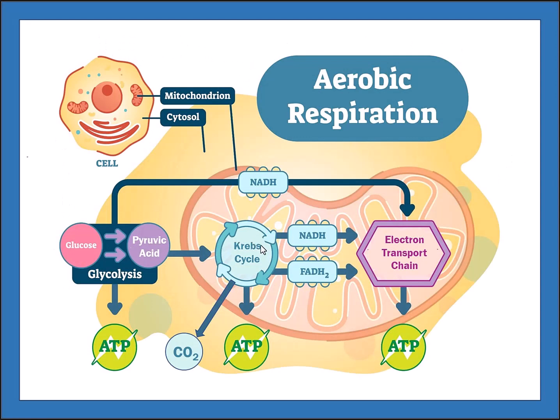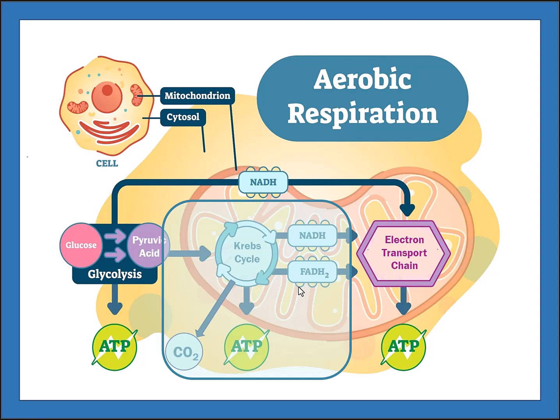So we are churning through this Krebs cycle, bringing in pyruvic acid, releasing carbon dioxide and ATP, and then taking those high energy electrons from these transporter molecules over to the electron transport chain. I like to think of NADH and FADH2 as just like buses. They're just carrying these electrons over to the electron transport chain, and then they're going to drop them off and be recycled back to where they came from. So this is step 2, which we're going to collectively call the Krebs cycle.